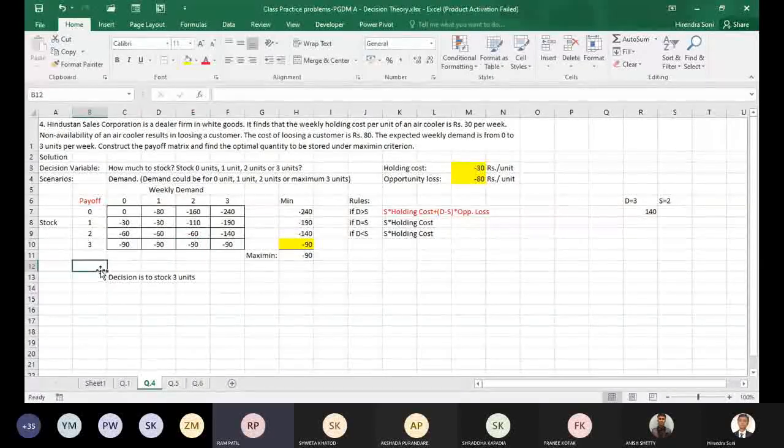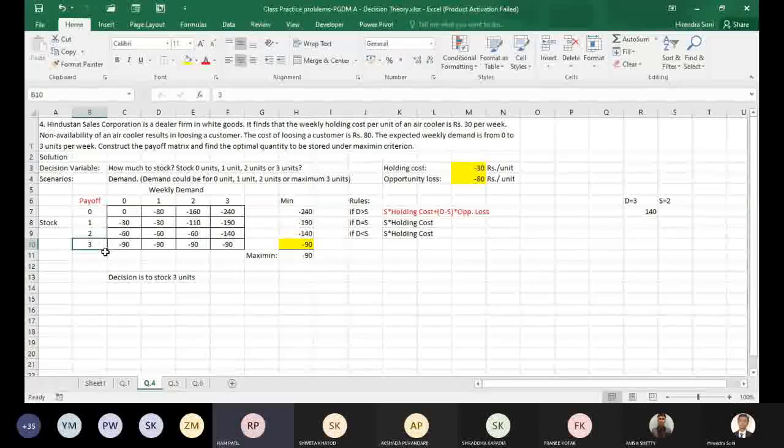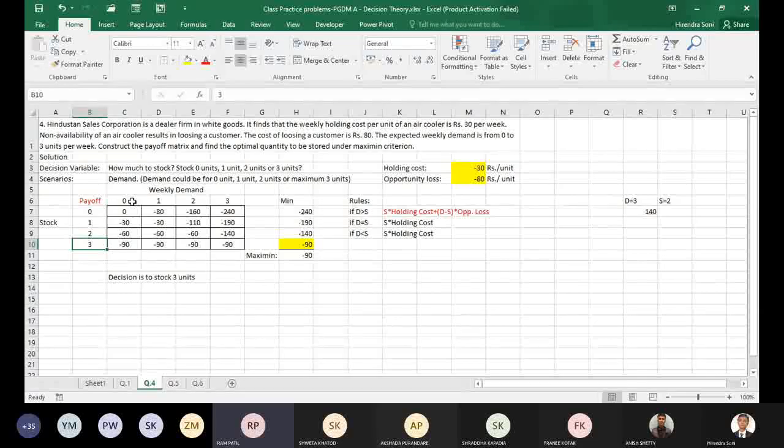देखिए, इसमें हर हालत में 90 ही आएगा, क्योंकि आप 3 यूनिट स्टॉक कर रहे हो. तो अगर डिमांड 0 है, तो आप 3 यूनिट स्टॉक कर रहे हो, 3 यूनिट के आपके पैसे चले गए. अपॉर्चुनिटी लॉस तो नहीं हो रही है कि कोई कस्टमर आया और खाली हाथ गया हो.